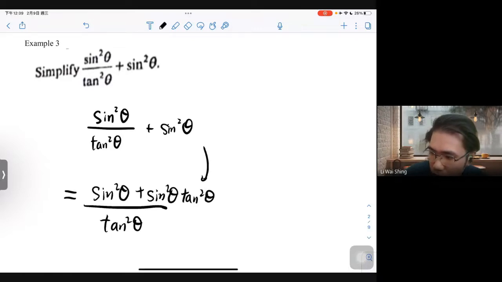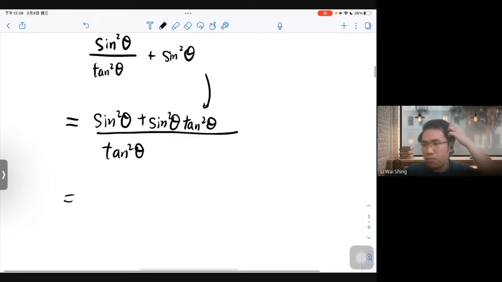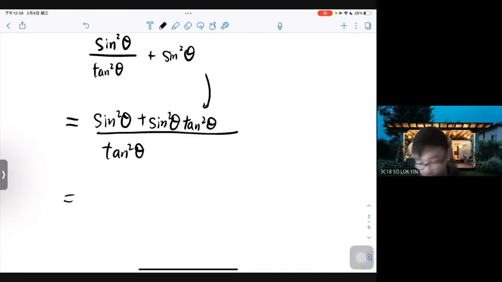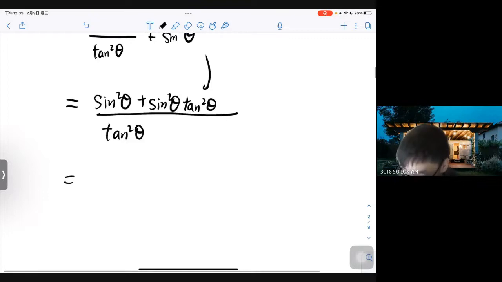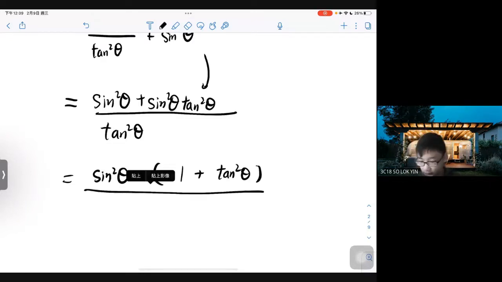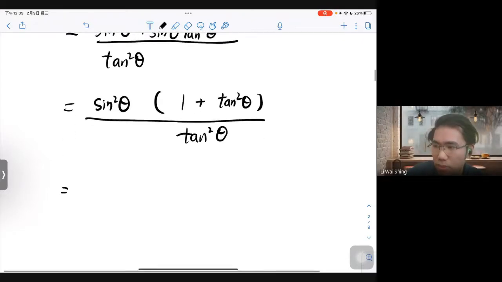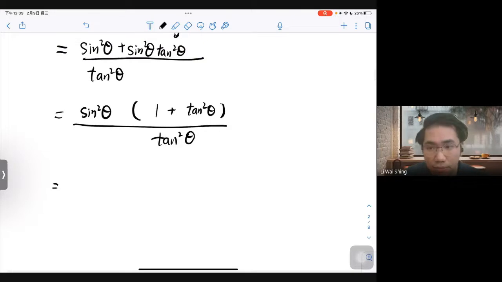Then, what have you done in the next step? Then I write sine square theta, then brackets 1 plus tangent square theta, over tangent square theta. Yes. That's a good one. Next, common denominator then factorise.